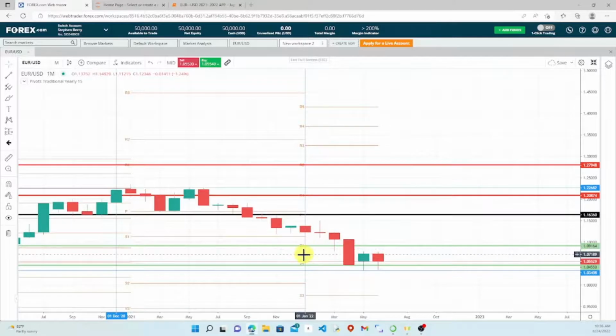We're going to go 1, 2, 3, 4 in this case, and that M2 is for a lot of traders a buy area.